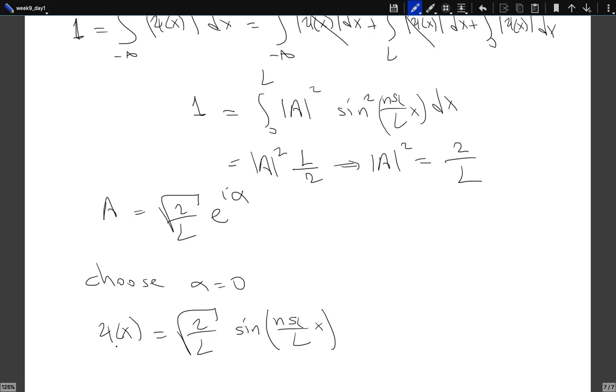Now we have our full wave function. Here, instead of E, I will just put the n. So for each n, I have a different wave function, and they all correspond to different energies. The energy of this wave function is h bar squared over 2m times n pi over L squared. Now what this tells me is that if I put some particle inside this box, and then measure the energy of the particle, I can only determine one of these values.